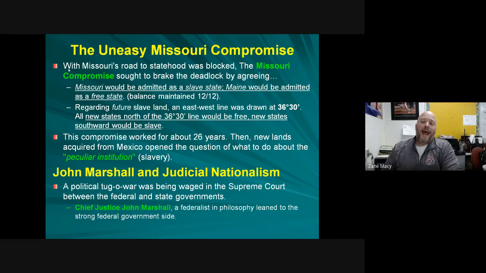Missouri would be admitted as a slave state, but to maintain the balance of free and slave states, Maine would also be admitted as a free state. So now, instead of 22 states, 11 and 11, we're admitting 2 states at the same time, 1 free, 1 slave. Now we maintain the balance at 12 free, 12 slave.